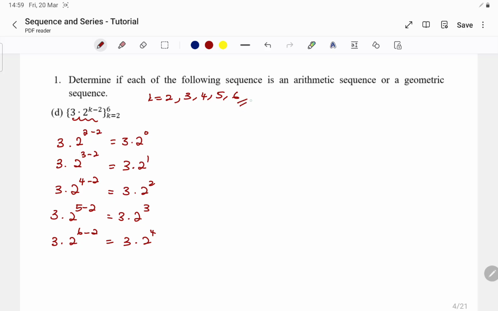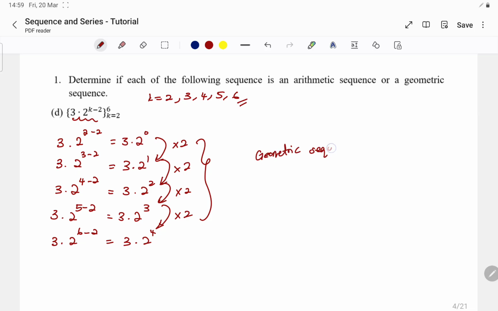Okay, we finish at k equal to 6 only. If you see, each of these terms is multiplied by 2, multiplied by 2, multiplied by 2, multiplied by 2. So that means 2 is the ratio, and it is a geometric sequence.